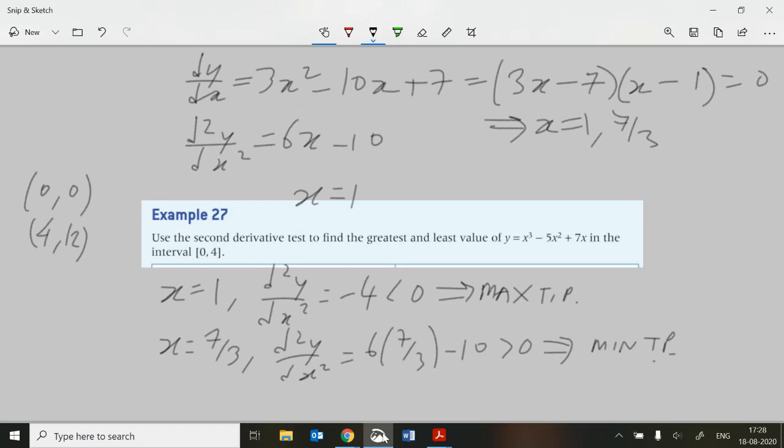So when we get x is equal to 1, we need to substitute it into here, the original function. That's giving us 1 take away 5 plus 7, so that's giving us 3. So y is equal to 3. That's our new point: 1, 3.